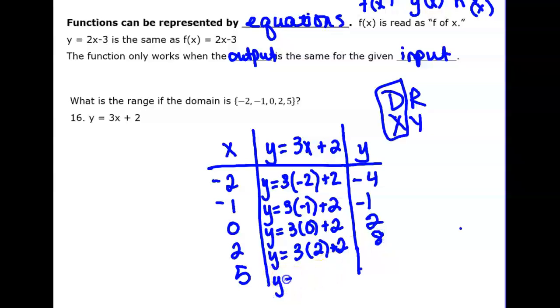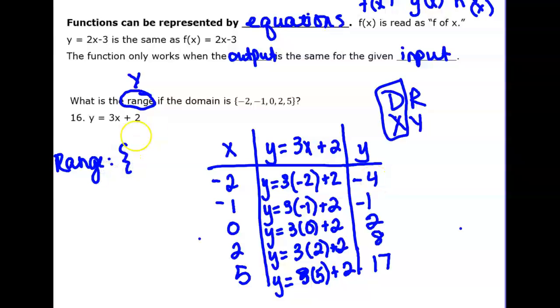And then y equals 3 times 5 plus 2, which would give us 15 plus 2 is 17. So what is the range? We're looking for the y values. So the range would be the set of elements -4, -1, 2, 8, and 17. That's how we'd get that.